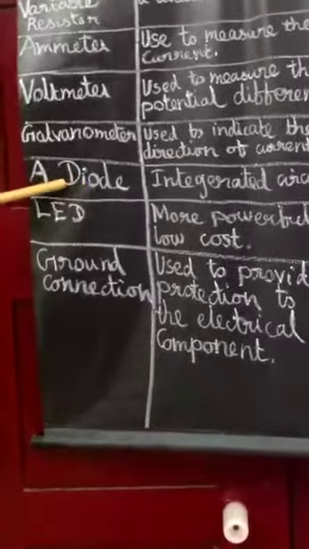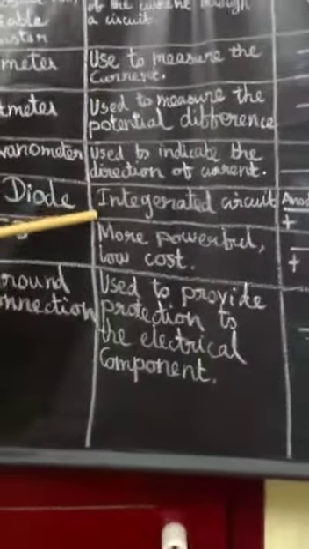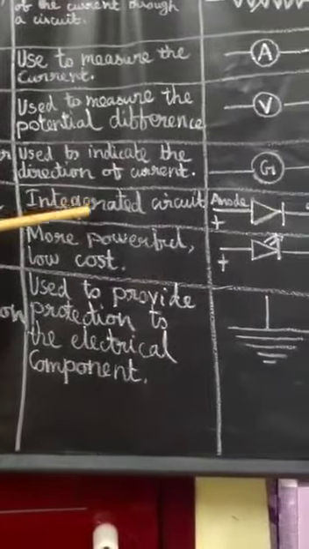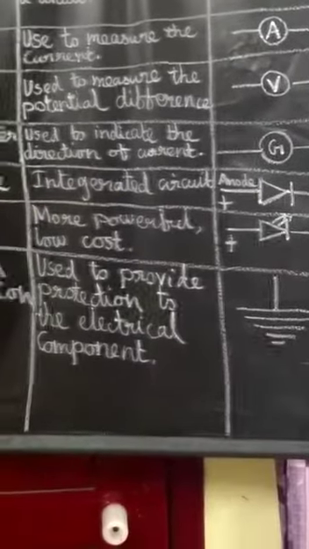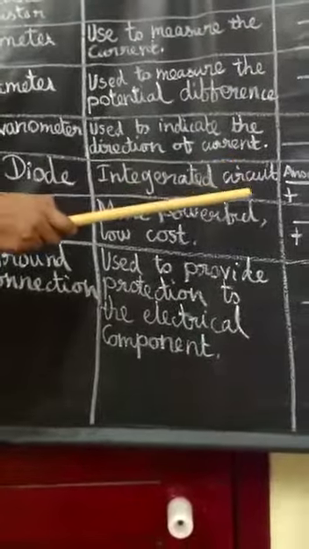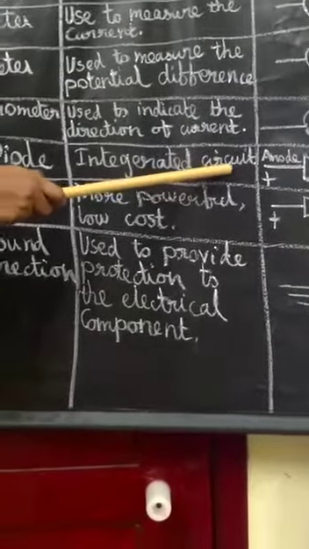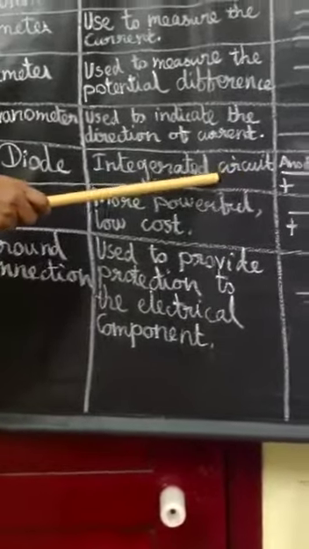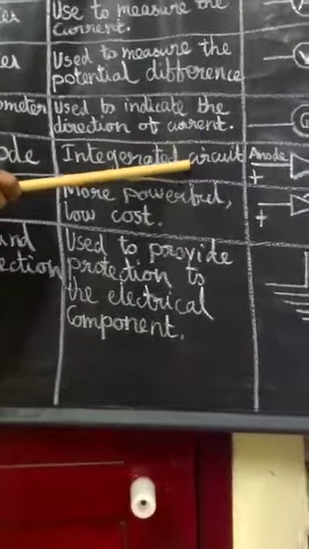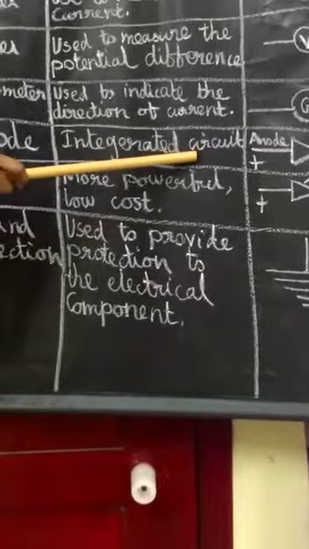The next one, a diode. A diode is used in an integrated circuit. Integrated circuit means the IC chip. This IC chip is seen in the television. Inside the television, a number of IC chips are available.